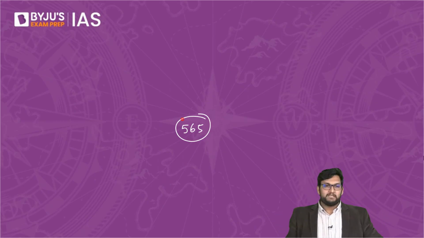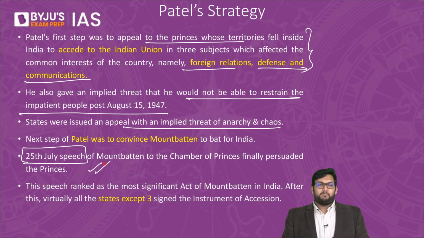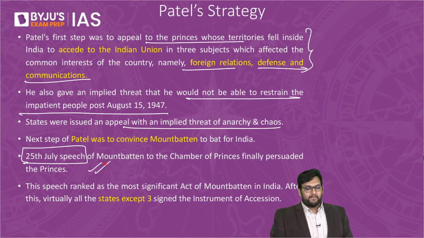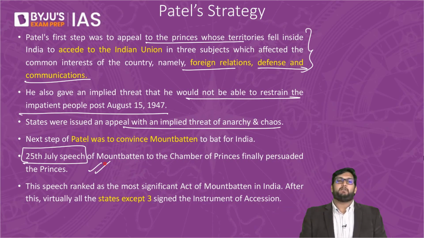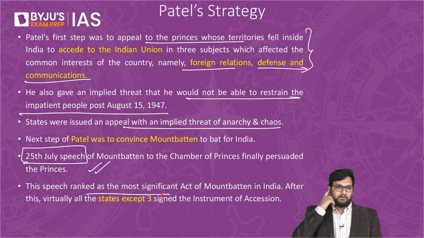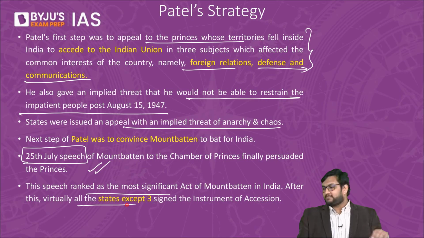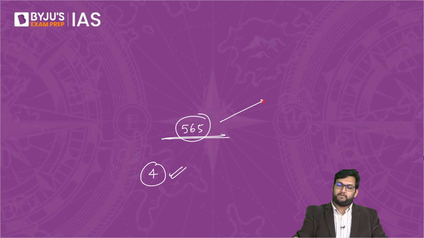And somehow this speech, which is Patel convincing Mountbatten to bat for India, on 25th July, when Mountbatten met the Chamber of Princes, is ranked one of the most significant acts of Mountbatten in India. He said that out of these 565, except for 4, every state was more or less ready to become part of either India or Pakistan.